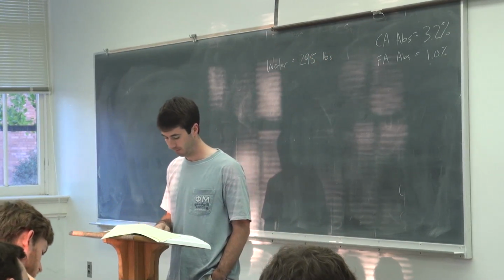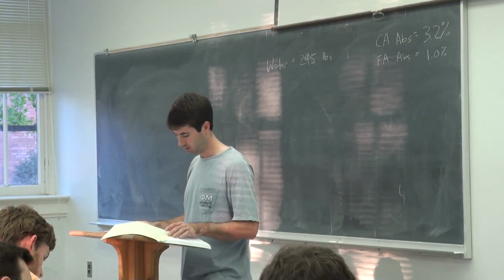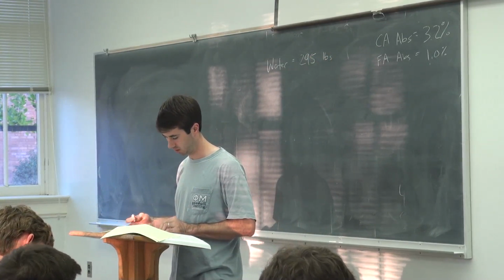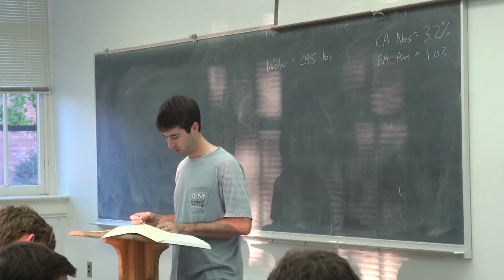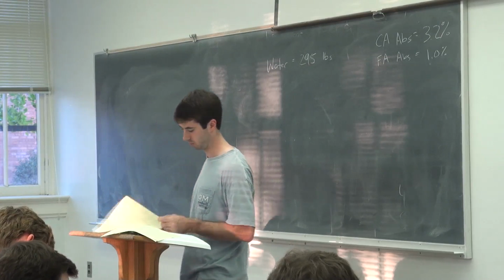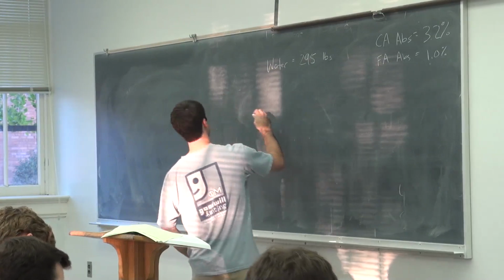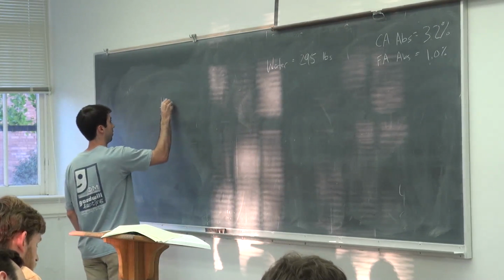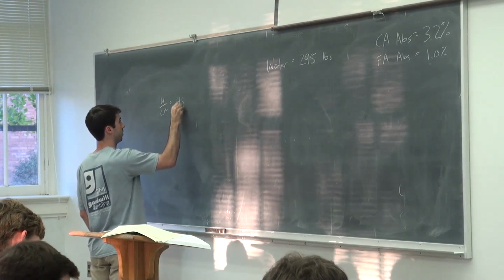Water cement ratio. We've got air-entrained 4,000 psi concrete. So what would our water cement ratio be? 0.48. So water cement ratio equals 0.48.